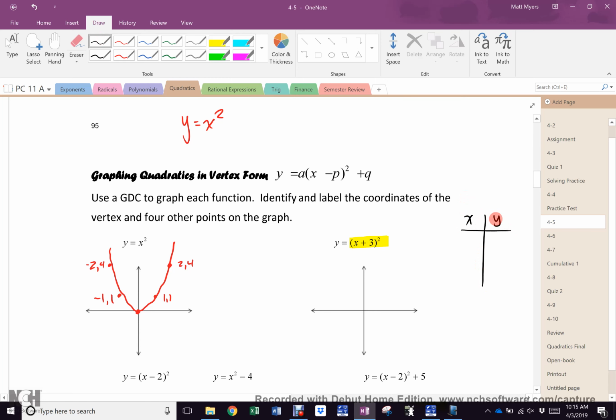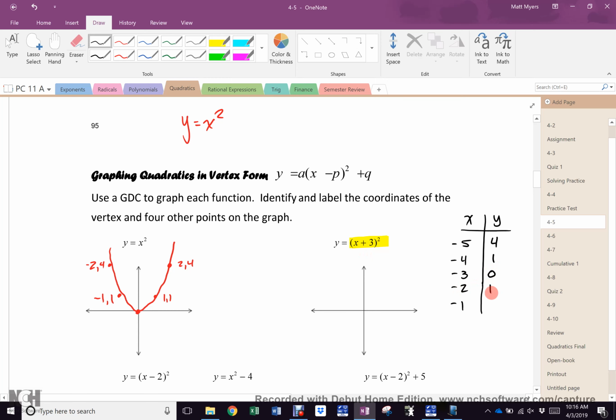Okay, so let's take negative 5, negative 4, negative 3, negative 2, and negative 1. I chose those on purpose. You're going to see why in a second. What is negative 5 plus 3? And negative 2 squared is what? 4. What is negative 4 plus 3? 1, and 1 squared is 1. What is negative 3 plus 3? Squared? 0. Negative 2 plus 3?